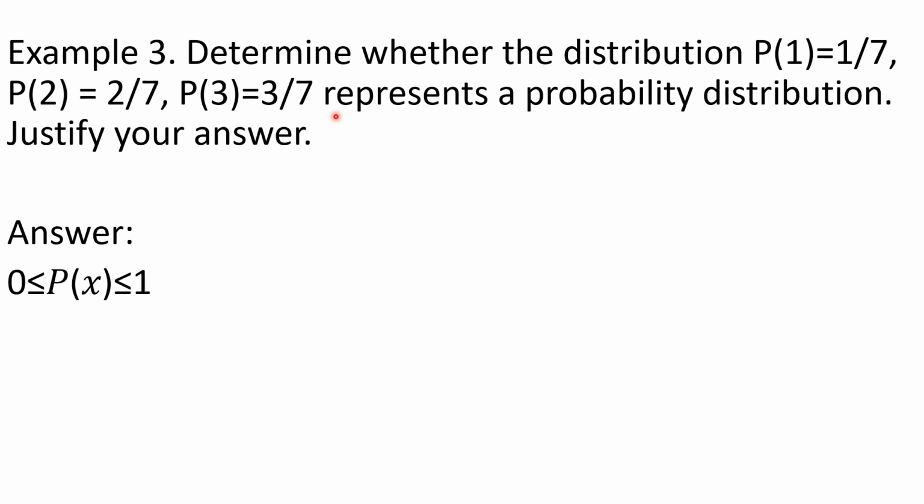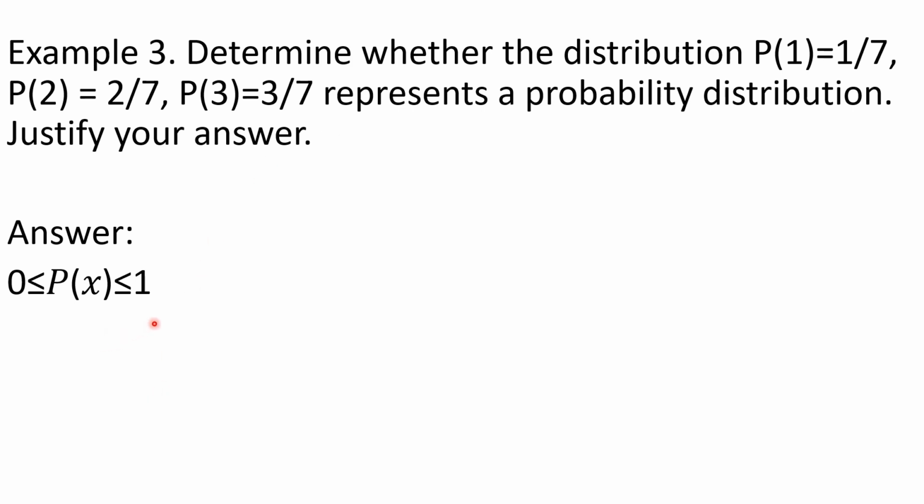For the first condition, we can see that each p of x value is between 0 and 1. 1 over 7, 2 over 7, 3 over 7. Each of these is between 0 and 1 because each is a proper fraction. The numerator is smaller than the denominator. That indicates that it is between 0 and 1.